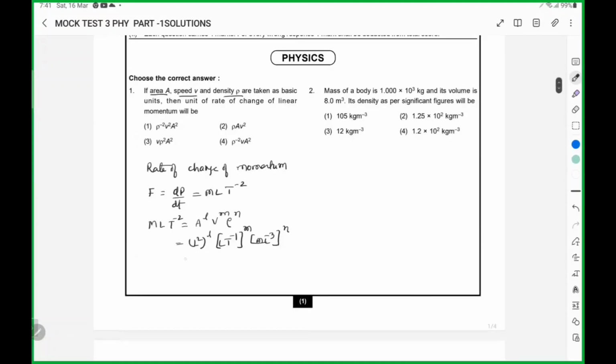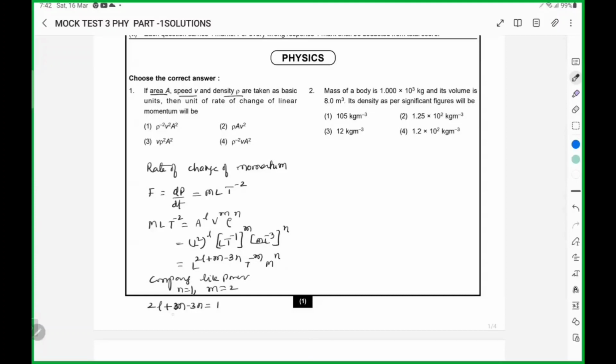So comparing powers, this is L power 2L plus M minus 3N, T power minus M, M power L. Comparing like powers, we get N is equal to 1, M is 2, 2L plus M minus 3N is 1.